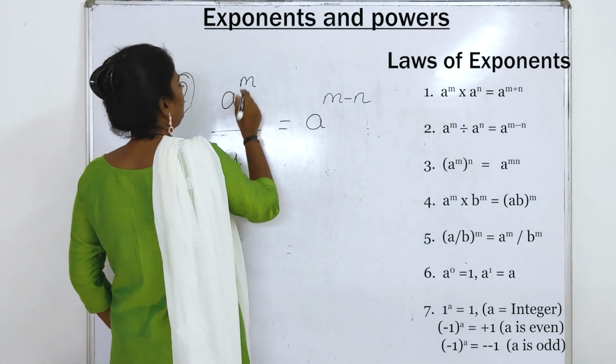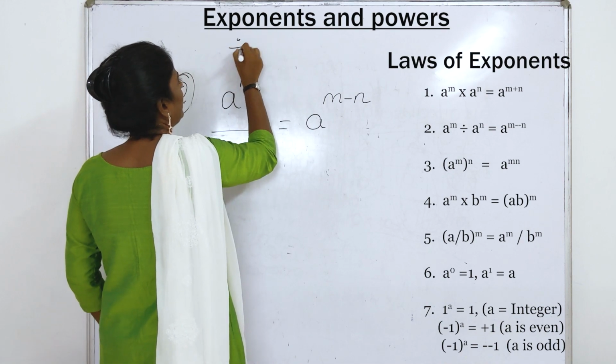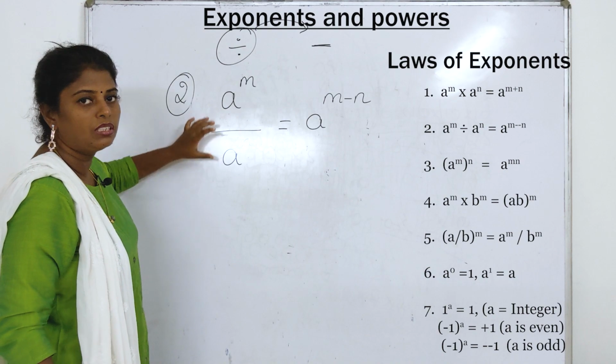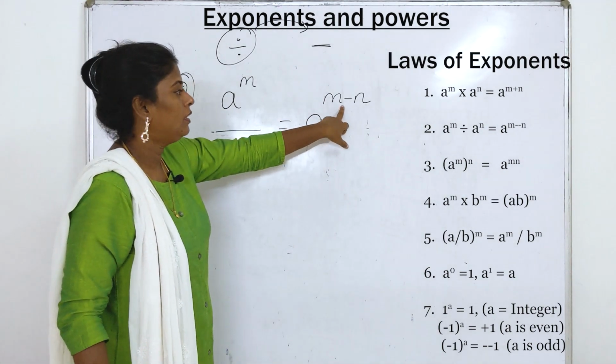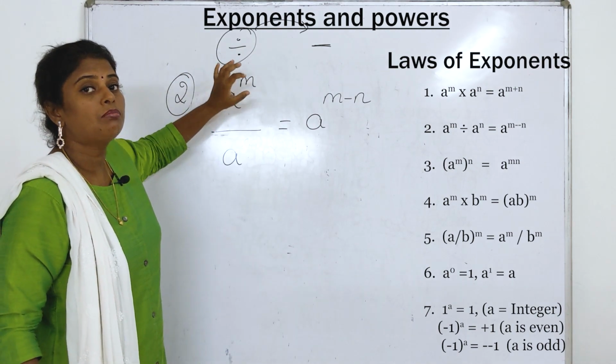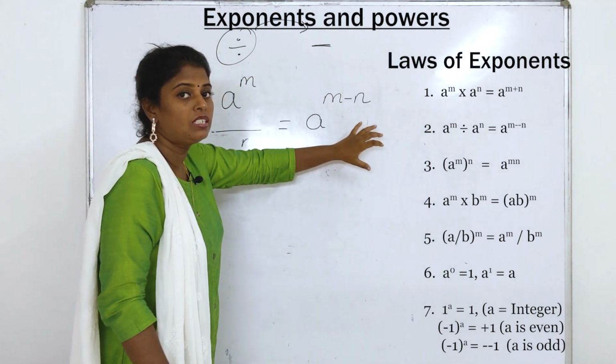That is, the division sign is turned to minus. If the term is divided, then the power should be subtracted. If the term is multiplied, then the power is added.